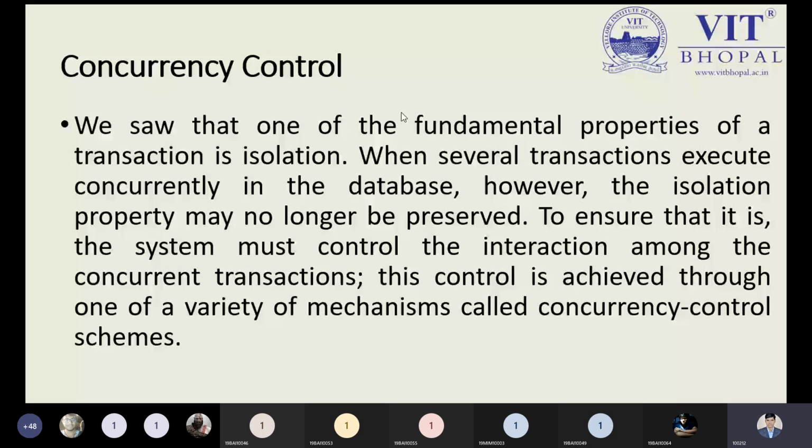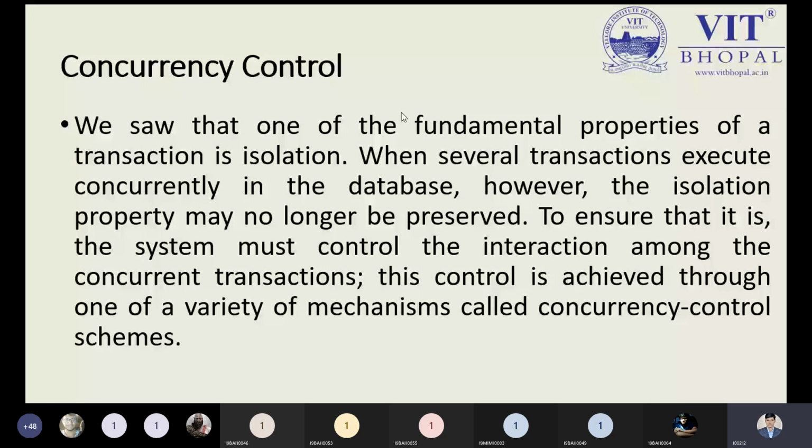But during concurrency control, we have found a problem, that is isolation. Isolation is basically an important part of the transaction processing system, or we can say transaction management. I'm repeating this statement once again to all. We have seen by some examples that the fundamental properties of the transaction are the most important part.